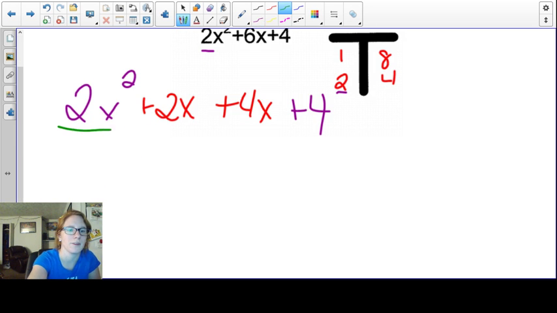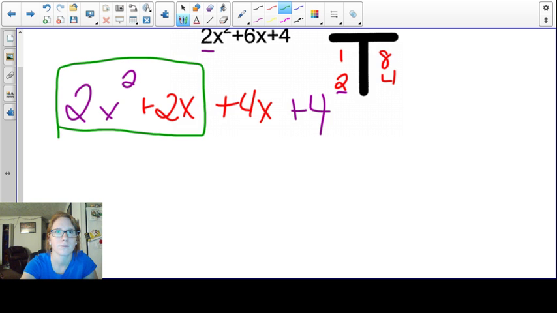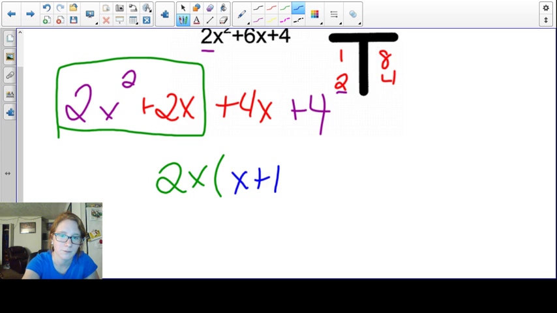What can be divided out of these first 2 terms? Numbers, letters, both? You're right, both. I can take out a 2x. When I divide out a 2x, I'm left with x plus 1. I'm going to leave a little space, and I'm going to write x plus 1 again.